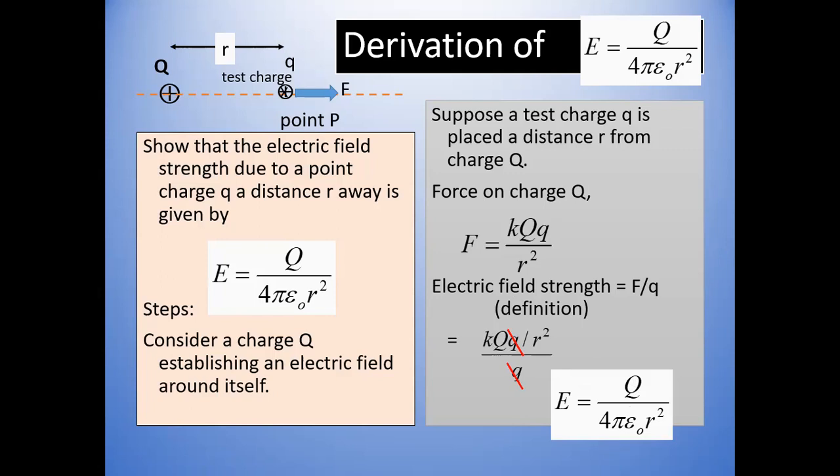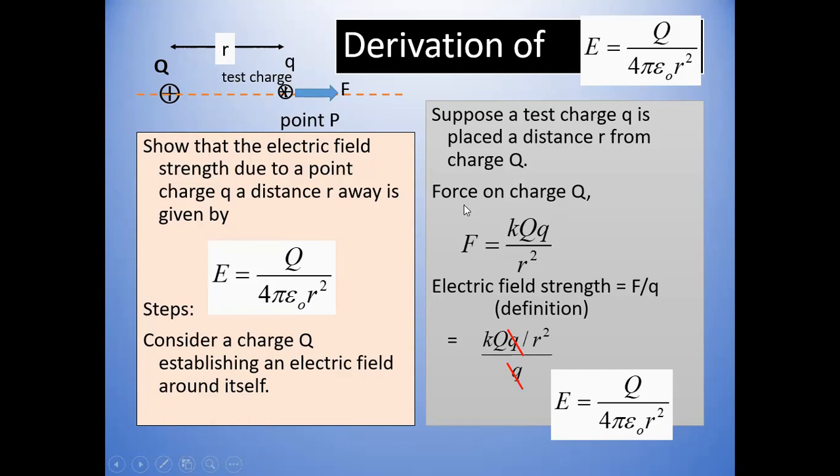Can do the derivation again. First, we want to know the electric field due to the charge Q at a distance r away. So at that distance, we put a test charge there, a small q. Remember our definition? We find the force on this test charge, small q.